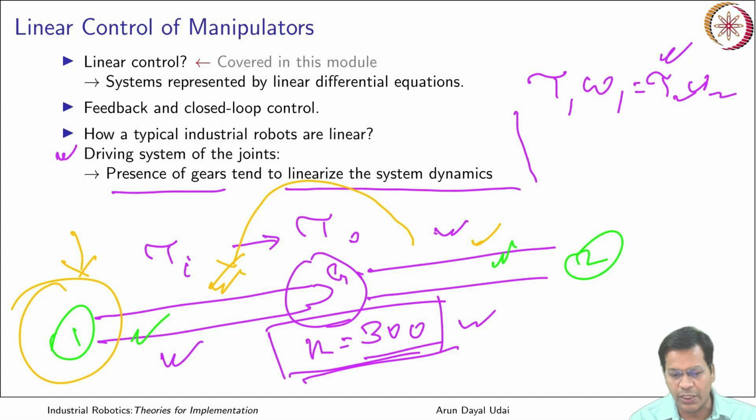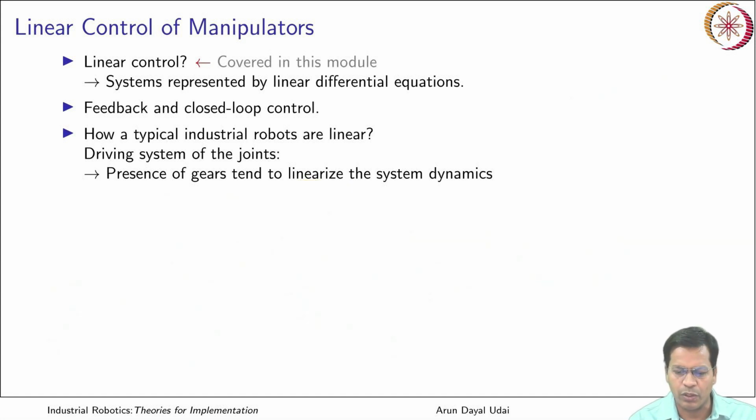So the presence of gear makes things very simple. It not just helps us enhance the torque and reduce the speed so as to make it more controllable, it also isolates the joints from one joint to the other, from one link to the other. So you need not worry about all that.